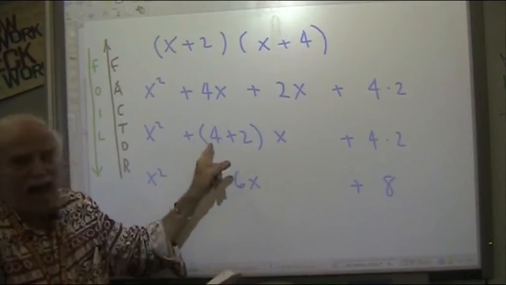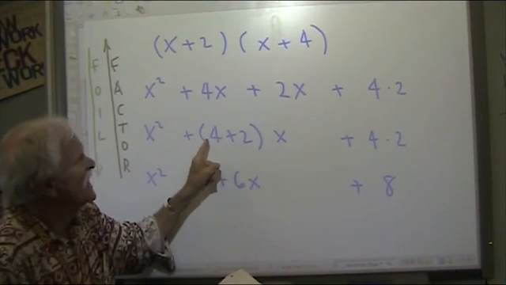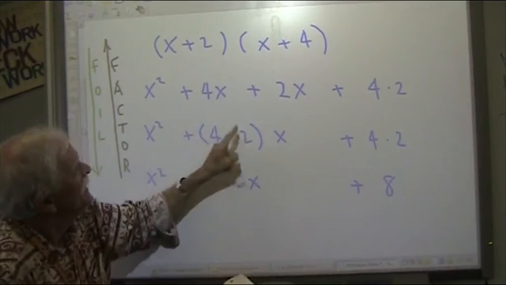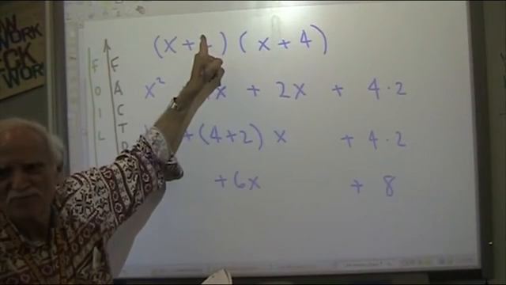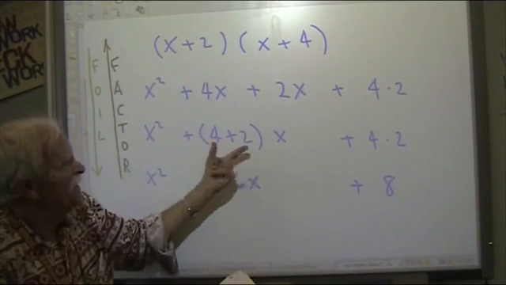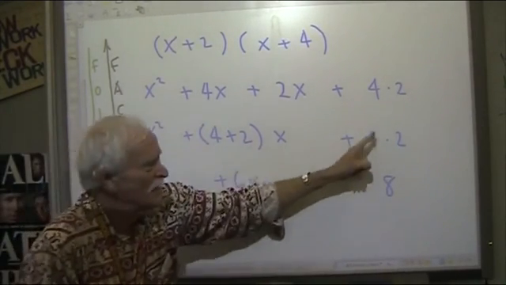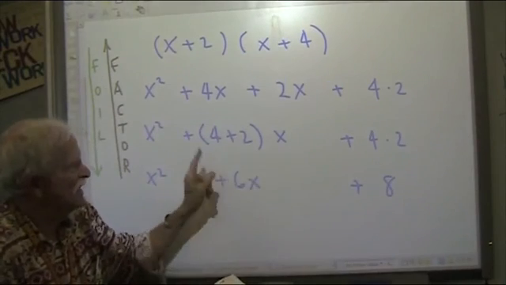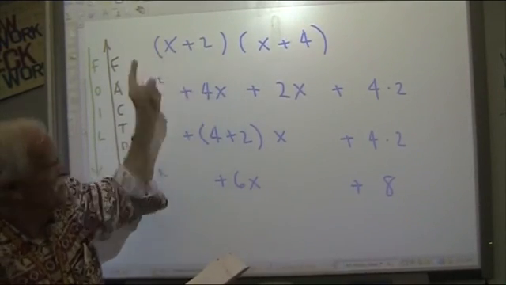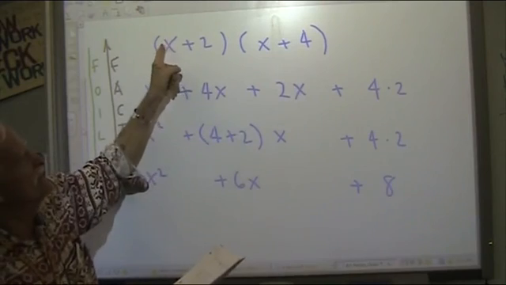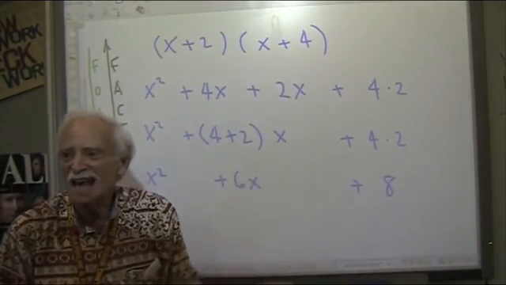And it is each one of those factors that goes into the individual binomials. So here, these two factors, 4 and 2, give us the product 8 and the sum 6. It's those two factors which form the two binomials. So the plus 2 gives us the x plus 2. The plus 4 gives us the x plus 4.